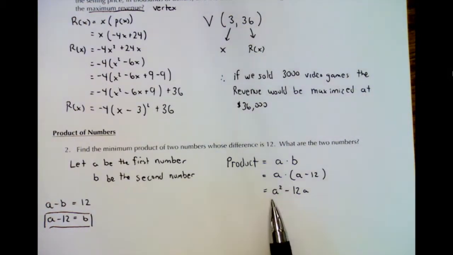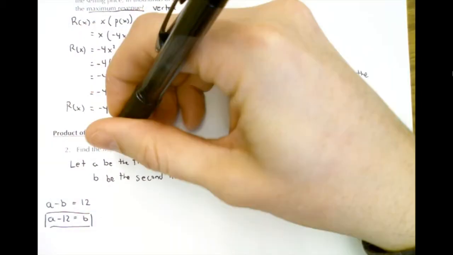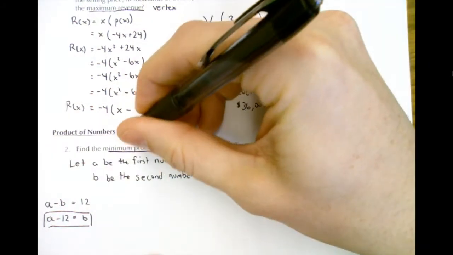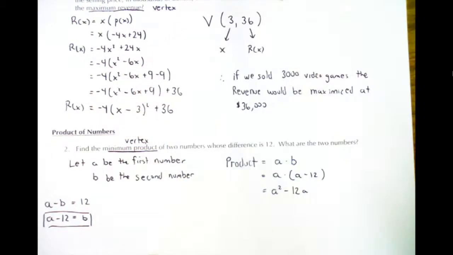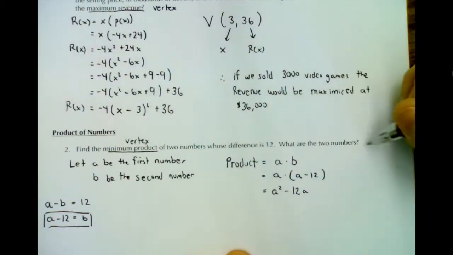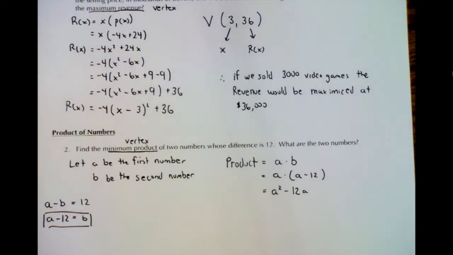And since the A value, the coefficient on the squared term, is 1, that means our parabola opens up, and that's going to allow us to find a minimum. We're looking for the minimum product. So again, we're looking for the vertex. Oh no, we're not looking for the minimum product. Well, I mean we are, but the actual question says what are the two numbers. So we're going to find the two numbers.